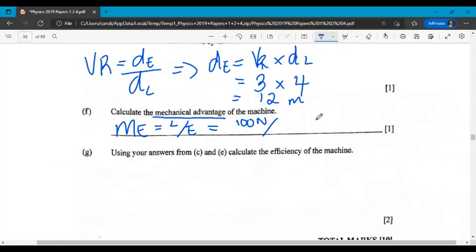So 100 newtons over 40 gives us a mechanical advantage of 2.5. There are no units for velocity ratio or mechanical advantage because we're comparing the same type of quantities. For velocity ratio, it's length and length, so the units cancel out. For mechanical advantage, it's force and force, so newtons and newtons cancel out. So it's just 2.5 is your answer.